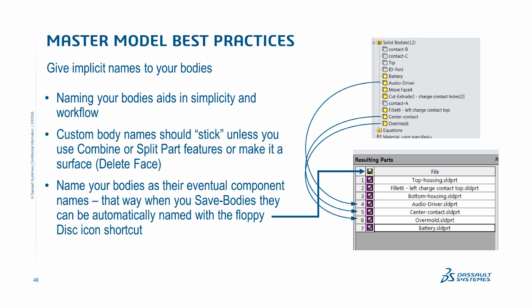And that's what I do here is I purposely change their names, and sometimes their names should stick. What you'll find for some of you that experience this where you keep building up and the names keep changing, those names keep changing on a few features where the feature itself, like a combine or a split, cannot understand what name to assign to the new body that's been split or combined.